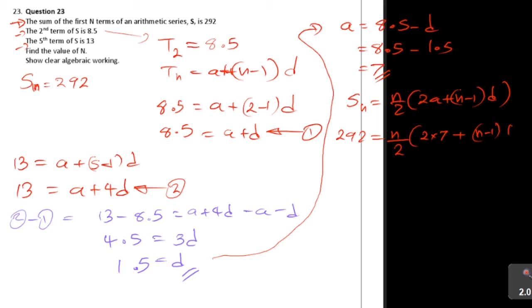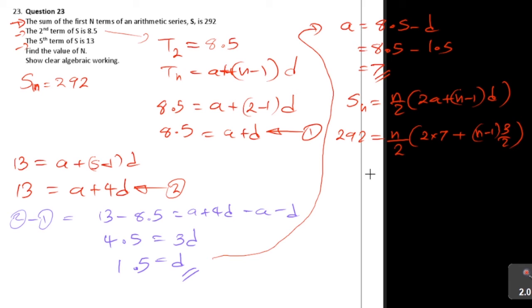I prefer writing it as a fraction because solving fractions inside the equation is much easier. So I will write 3 over 2 rather than 1.5.